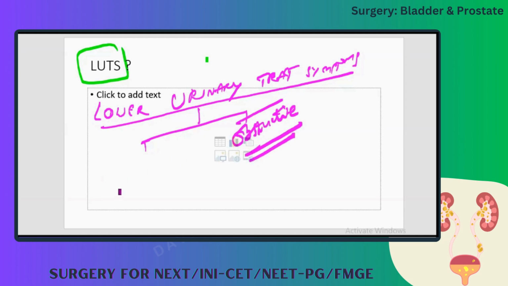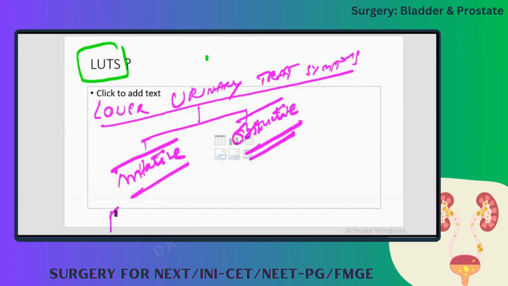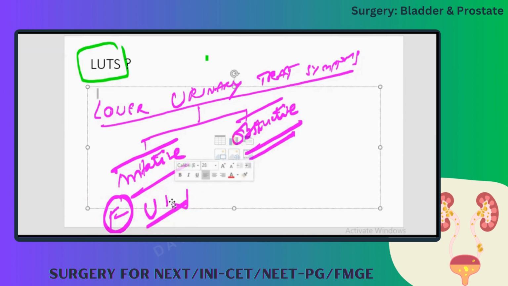Okay. Irritative symptoms. What are the 3 irritative symptoms? Frequency, nocturia, urgency. Only 3: frequency, urgency, and nocturia. These are the 3 irritative symptoms.